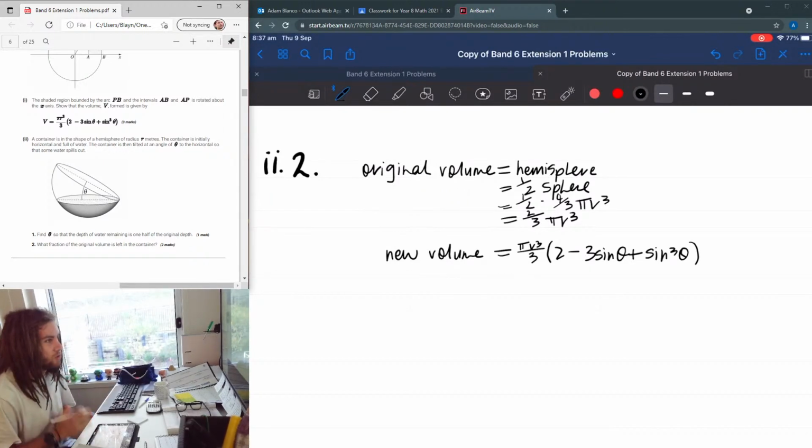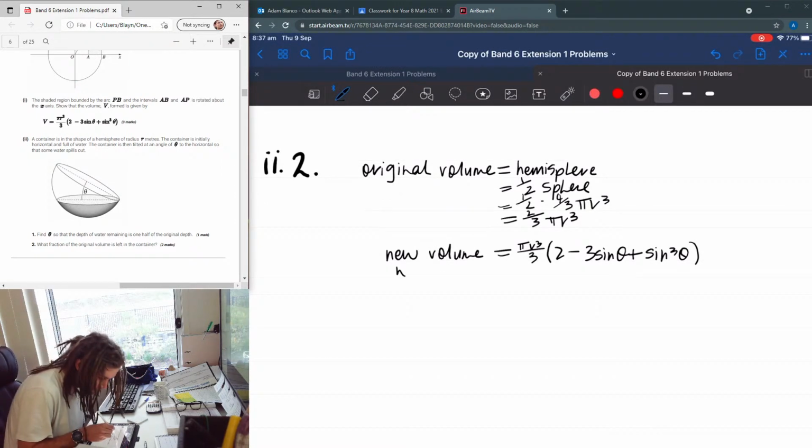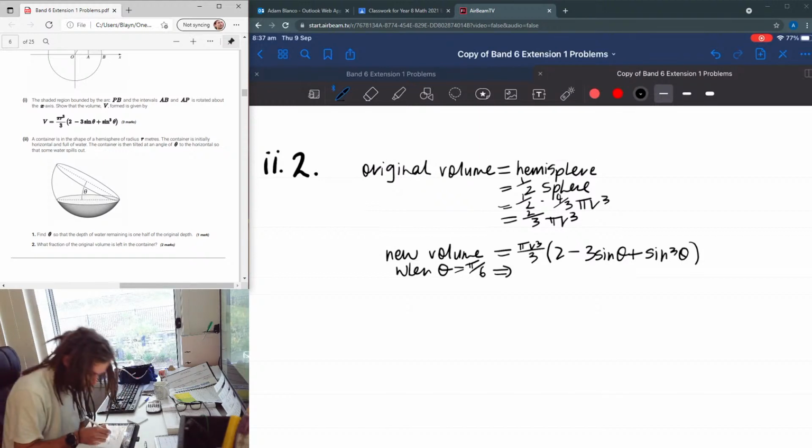Now that's an expression for any theta, but we were saying before that our value for theta is given or implied from the previous question. So when theta was, are we using 30 or pi on 6? Let's use pi on 6. We never know what r is.